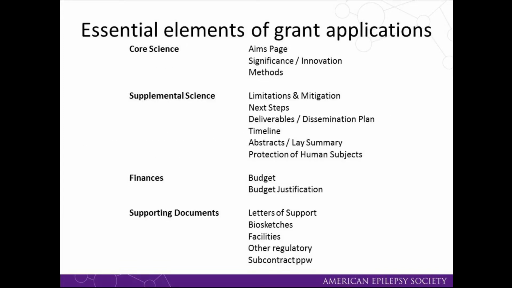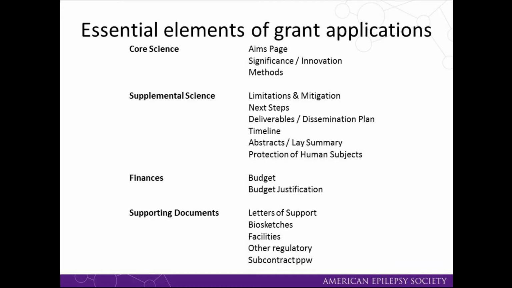So let's get started. The essential elements of a grant application are as follows. You can sort of think about a grant as having four different sections that you have to work on, and that you need to budget time to make sure that you cover.